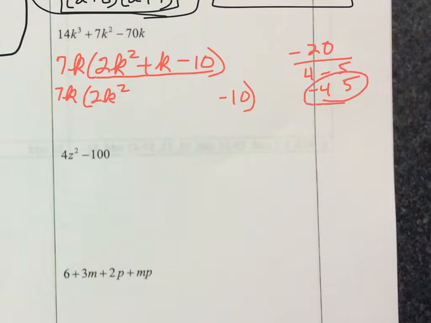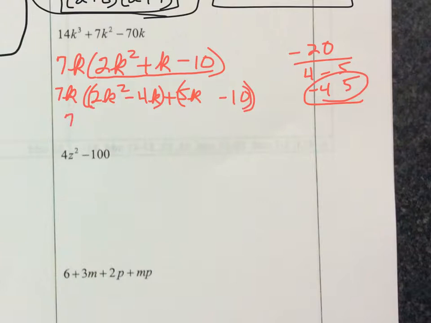And negative 4 plus 5 would give me positive 1. So that's the combination that I need. So I'm going to write negative 4k plus 5k. Four terms now, so we'll do grouping.